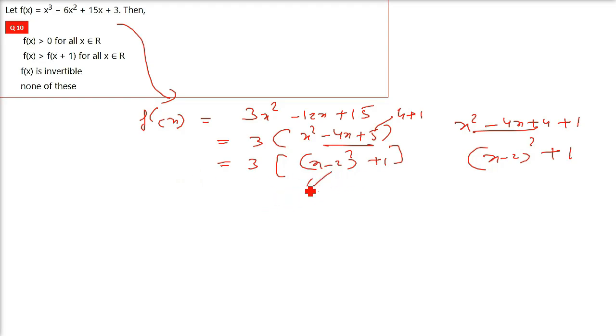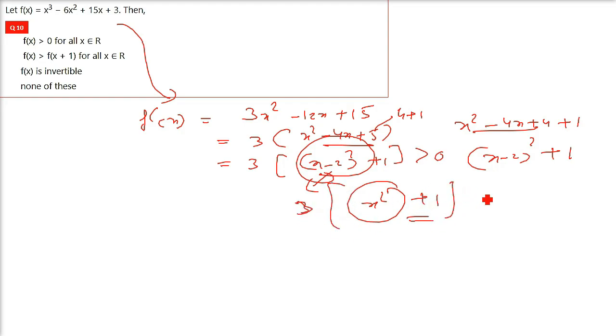That is, 3 is positive, and (x minus 2) whole square, because anything squared will always be positive, is x square plus something. So you are adding something, you are not subtracting. When you add 1, x square plus 1, it is strictly increasing. Then you have 3 multiplied, and this whole is greater than 0, so it is strictly increasing.